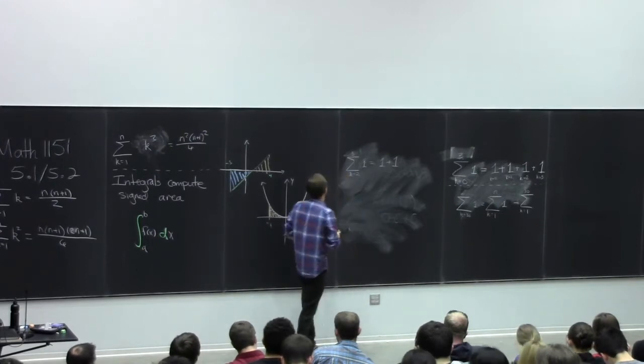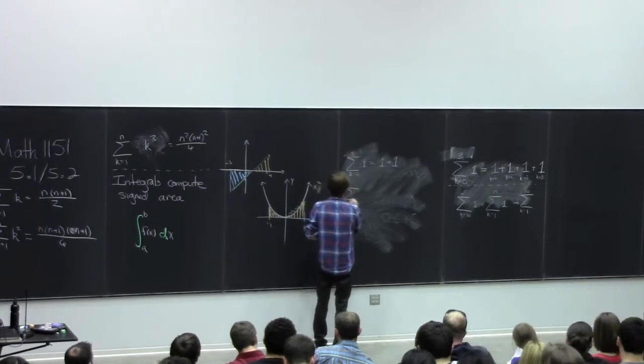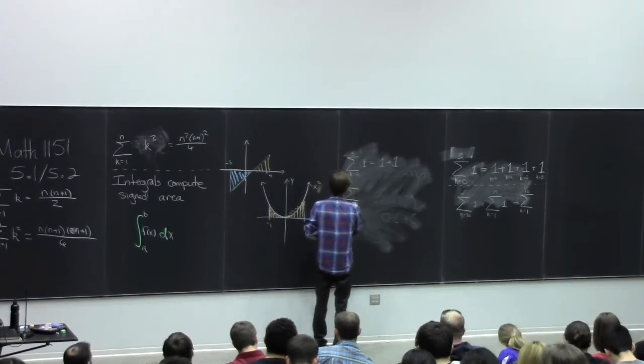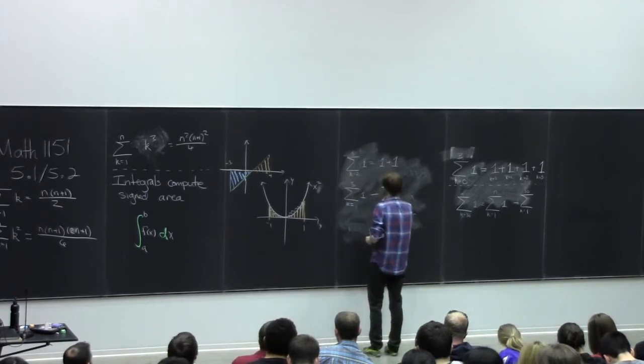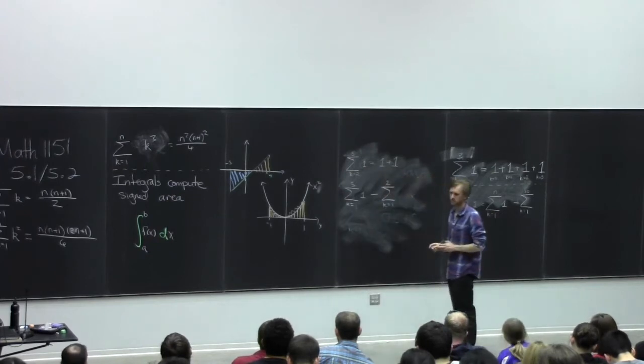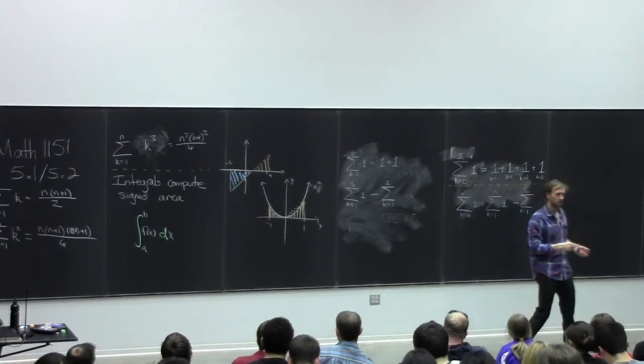Yep. Okay. So now let's do the sum of k equals 1 to 3 of 1 minus the sum k equals 1 to 2. That's what we suggested here, right?